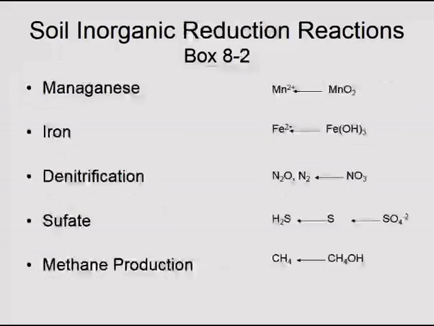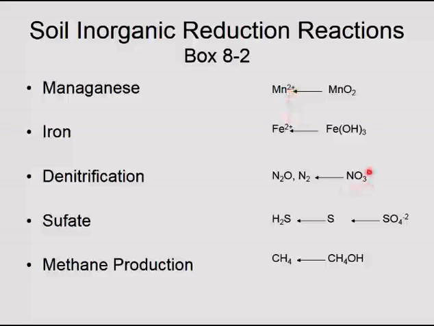Okay, let's go the other way. For manganese, if we start with this compound right here and go backwards, notice that we've lost oxygen, and so this compound is now in a reduced state. Same with iron.